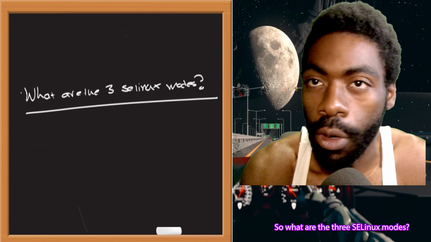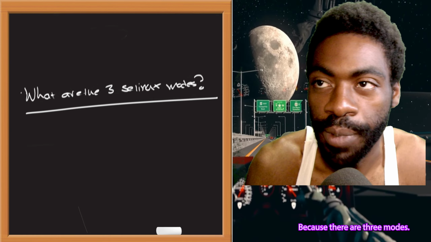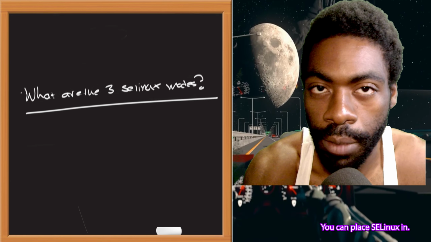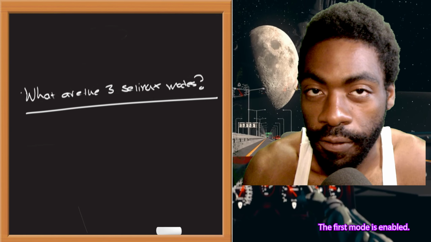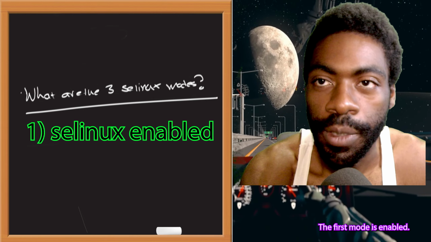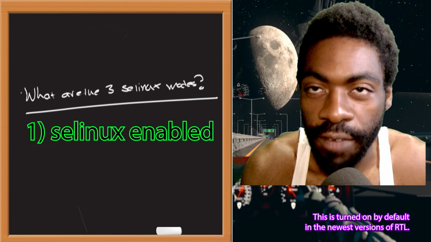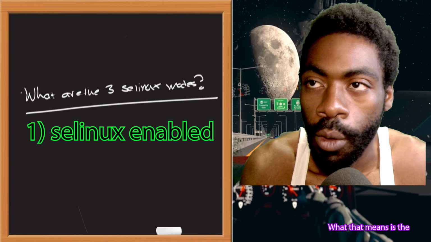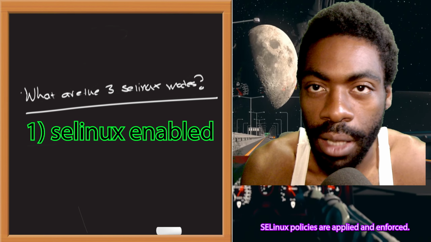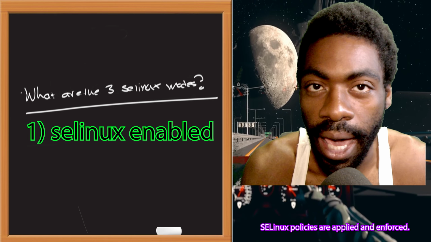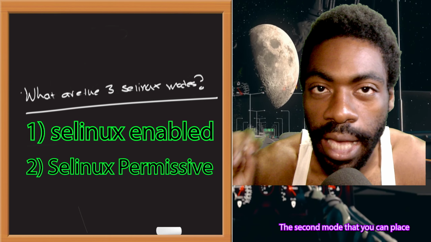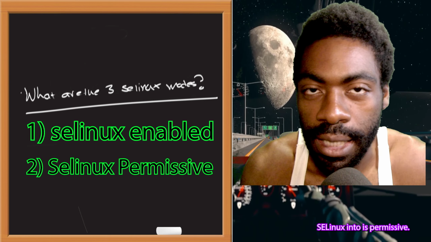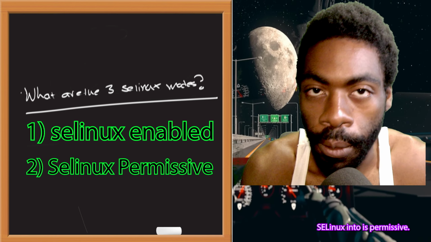So what are the three SE Linux modes? Because there are three modes you can place SE Linux in. The first mode is enabled. This is turned on by default in the newest versions of RHEL. What that means is the SE Linux policies are applied and enforced. The second mode that you can place SE Linux into is permissive.